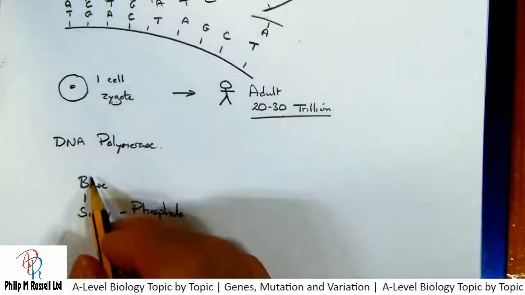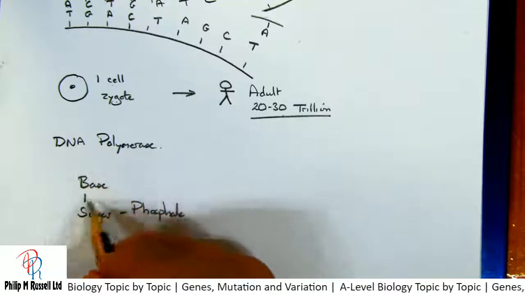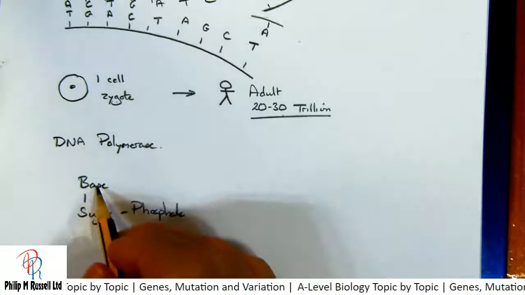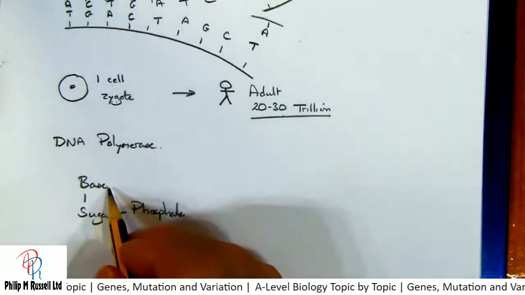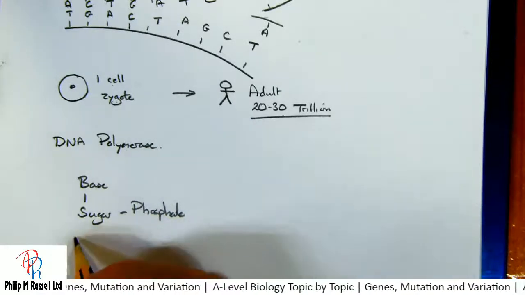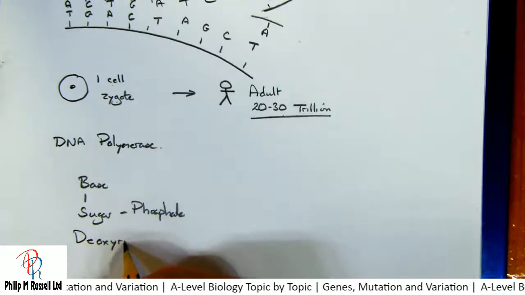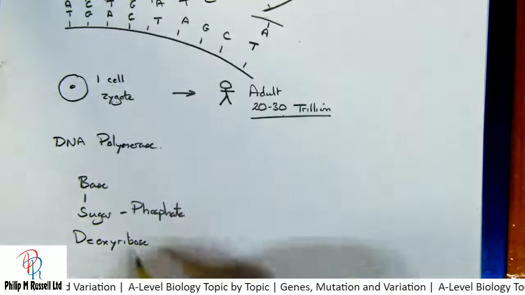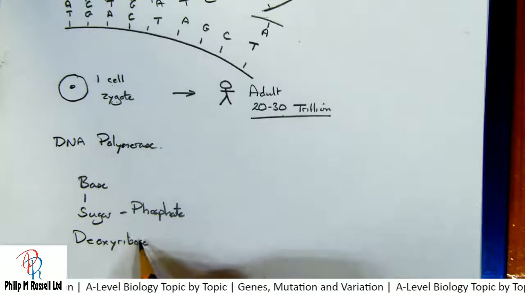We've got four different bases: A, adenine, thymine, cytosine, guanine, connected to a sugar, which for DNA is deoxyribose, and a phosphate, and these are joined on one at a time.